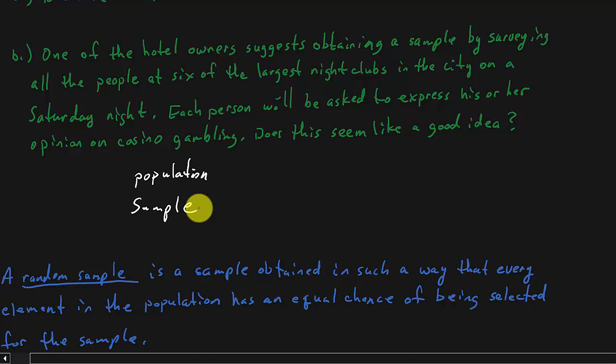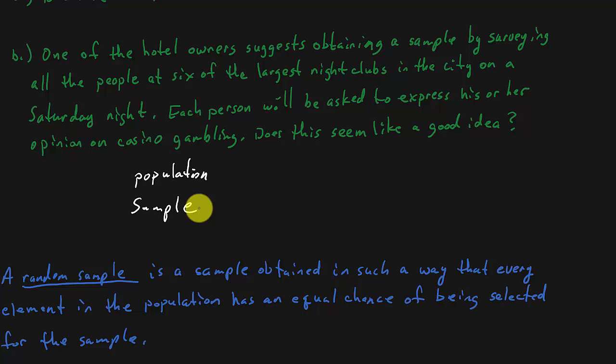And a sample is a subset of those people. In other words, let's just say at a school, you want to know the heights of the students. You want to know how tall they are. One thing you could do is ask every single student at that school how tall they are, and that would be a population.